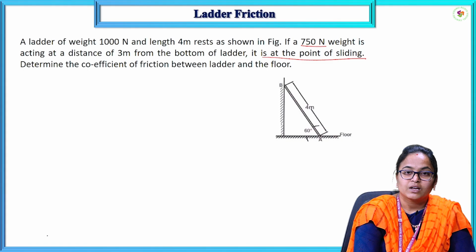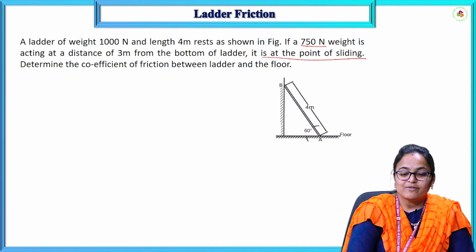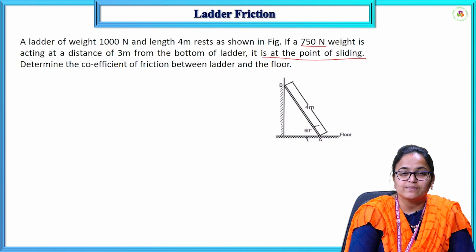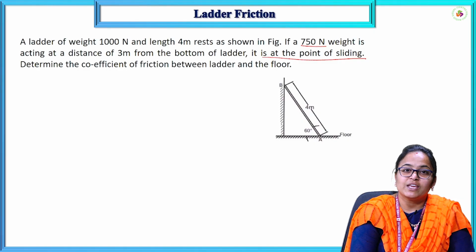Now, there is a procedure for the friction concept to analyze the problems. The first step is drawing a free body diagram, and then application of equilibrium equations to solve the numerical problem.